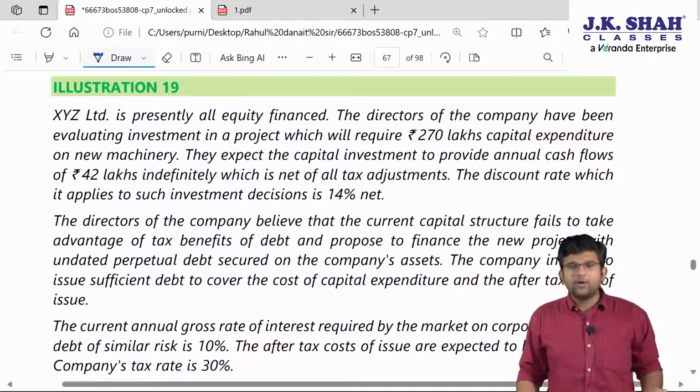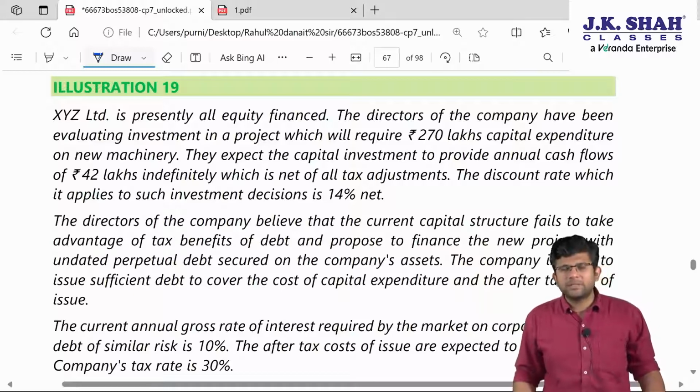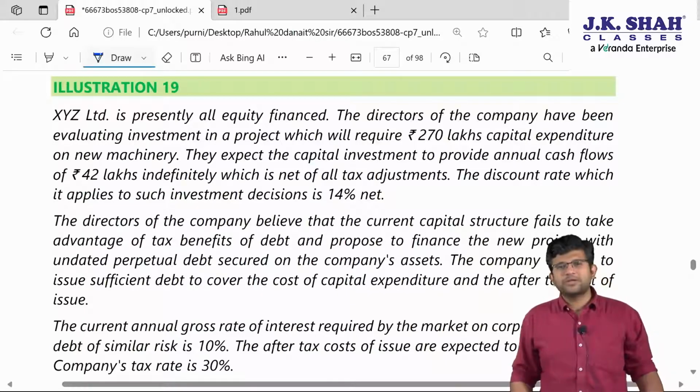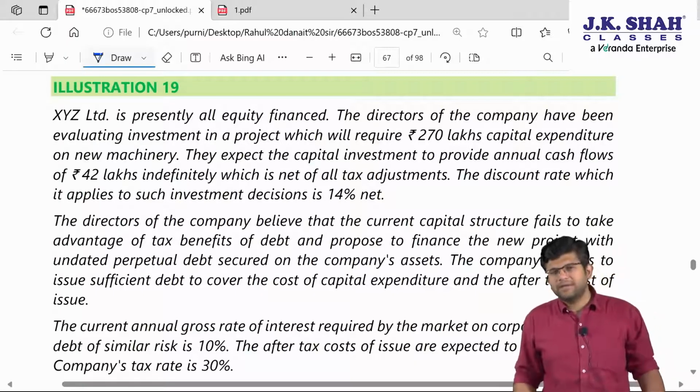Before I go ahead, I would also want to tell you that in the new syllabus which has come out for May 2024 onwards, this particular illustration and this concept of adjusted present value has been deleted, which means it is no longer a part of your syllabus. Yes, this question was once asked in May 2018, but since then it has never been asked.